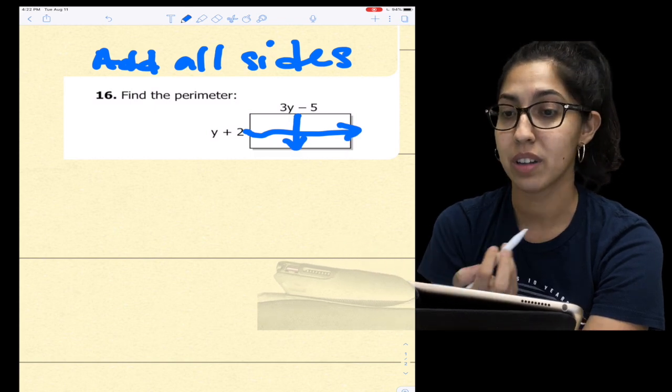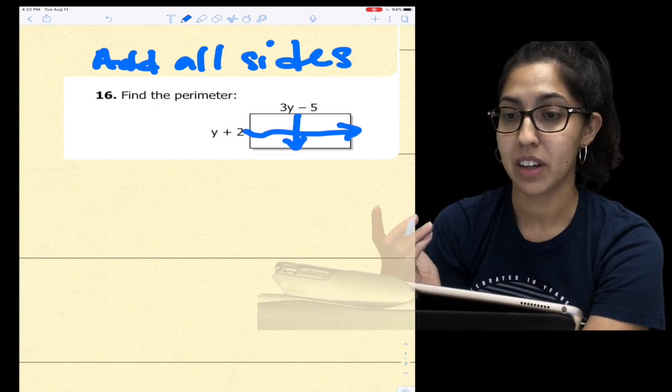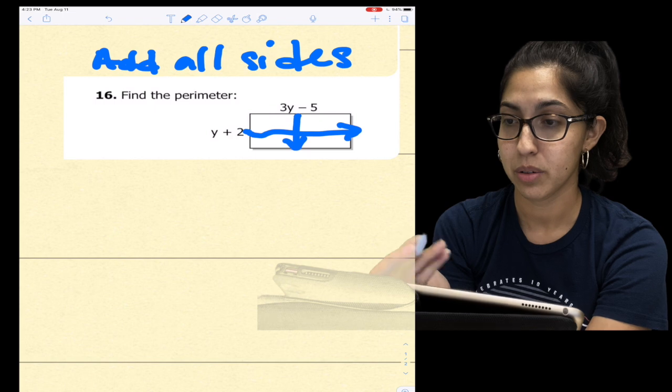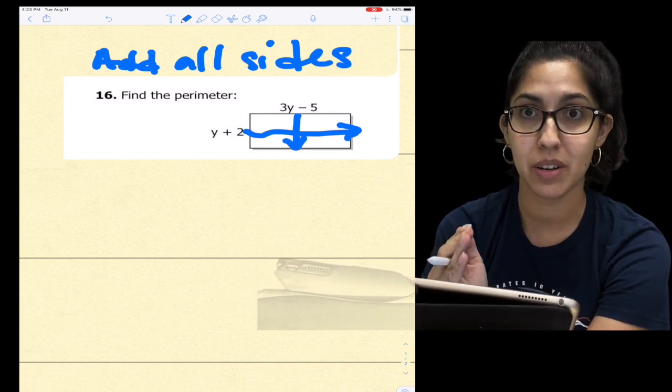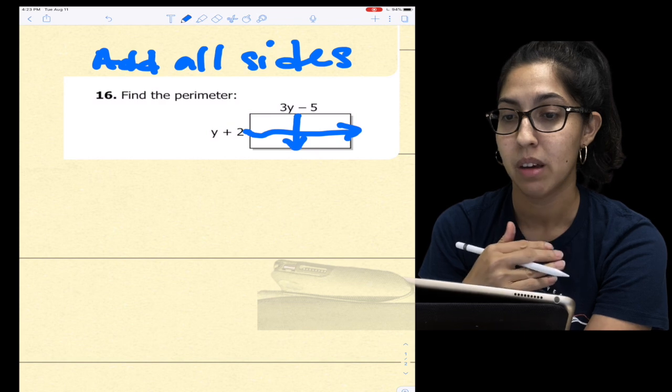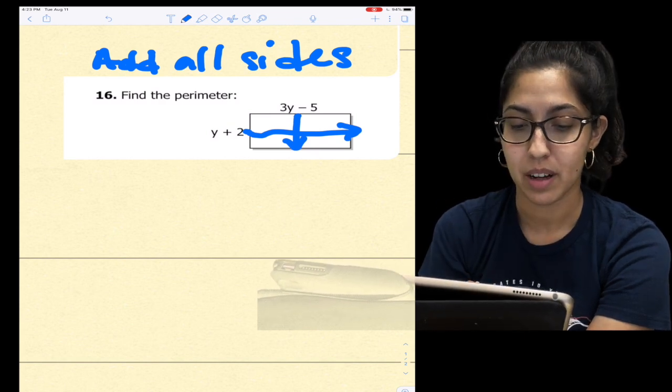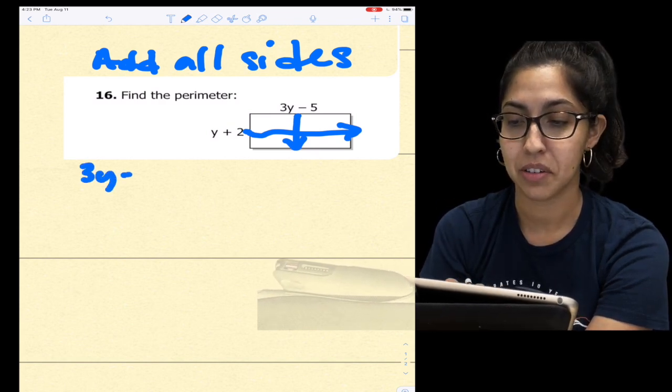Okay, so we have our 4 sides. So what I would suggest is writing them out. And we did do distributive yesterday, so you can use distributive. I would just write them all out because it's not gonna take you too much time.